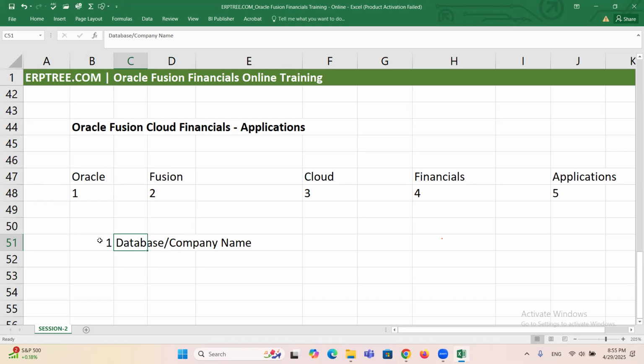They started their business with the database concept. So Oracle is one of the databases, or else Oracle is the company name. That's how it is.